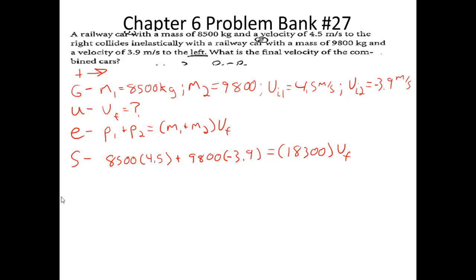Solving the equation for v sub f, we get 8,500 times 4.5 minus 9,800 times a negative 3.9, and let me calculate that one more time.